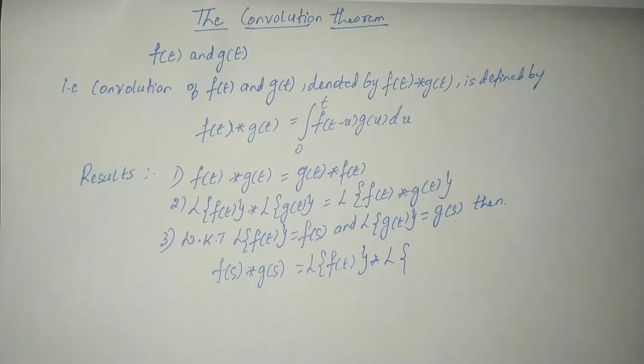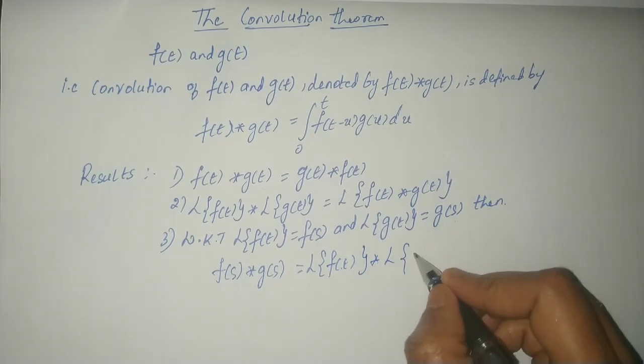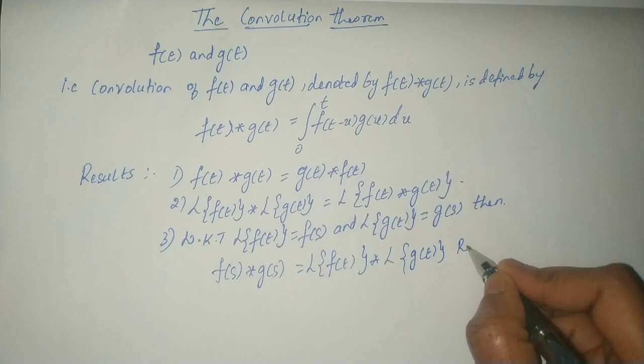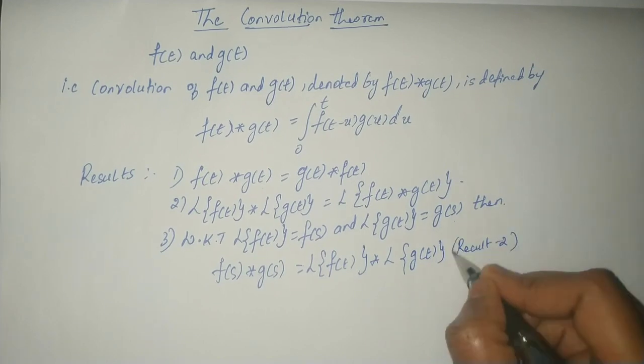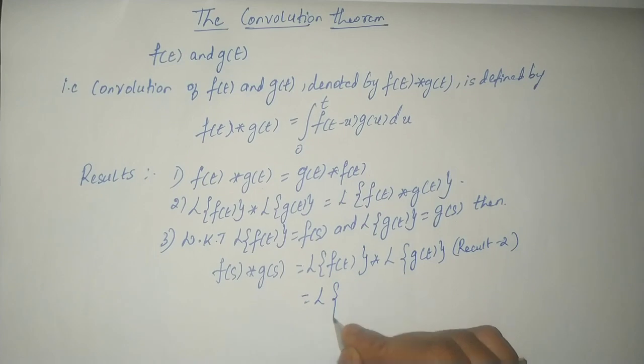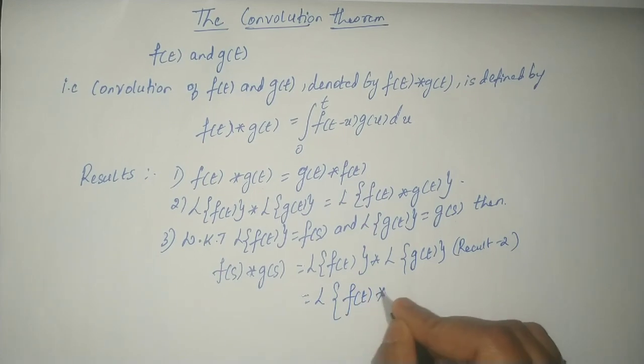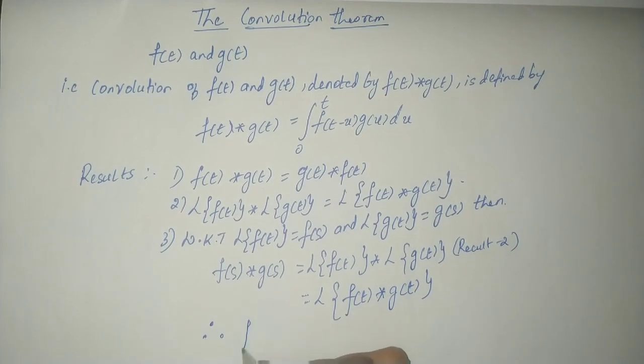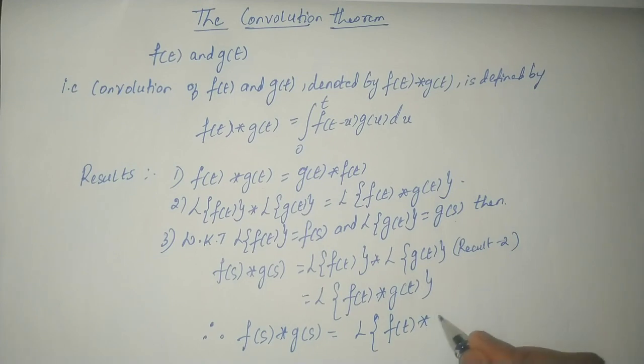As we know from the second result, this can be rewritten as Laplace of f of t star g of t. So whenever the question is given in terms of two functions of s, then you can simply find the Laplace of f of t star g of t. This is your third result.